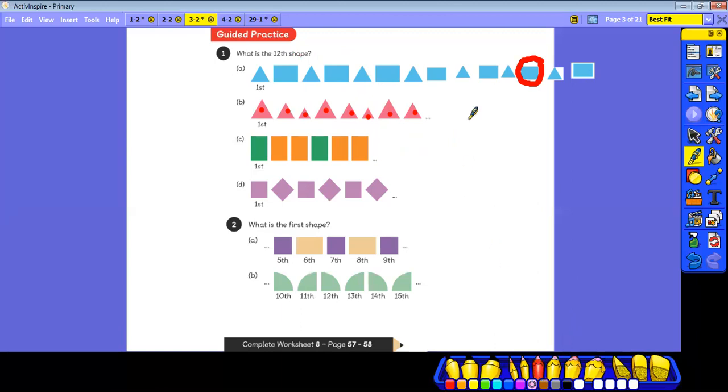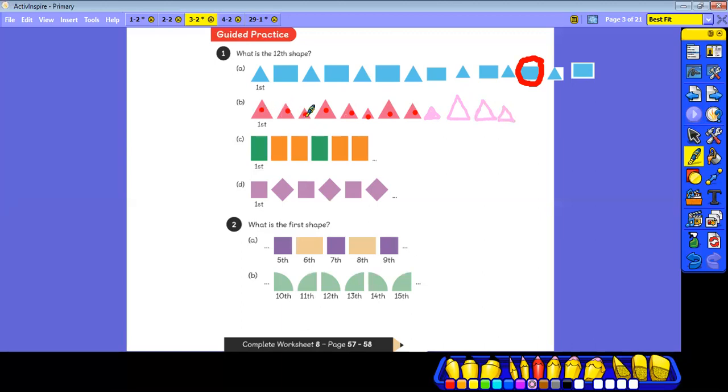Okay, it's not quite the same pink, but we've got big, middle, small, bigger, middle-sized, small, bigger, middle-sized, small, bigger, middle-sized, small.